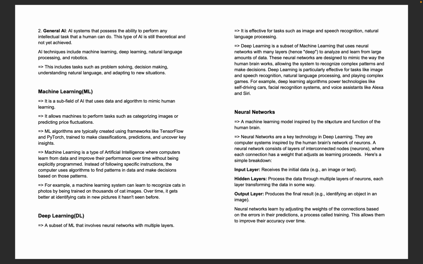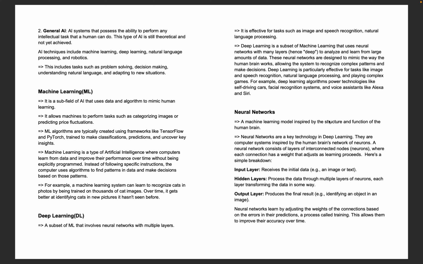Okay, so machine learning. Machine learning is basically a use of AI only. It uses data and algorithms to mimic human learning. It can help you in tasks like categorizing images, predicting price fluctuation, etc. Okay, deep learning. In deep learning we can see multiple layers with neural networks.